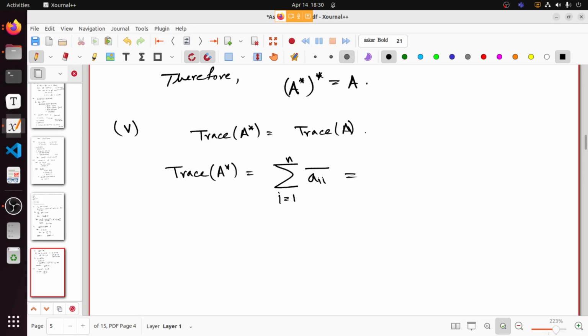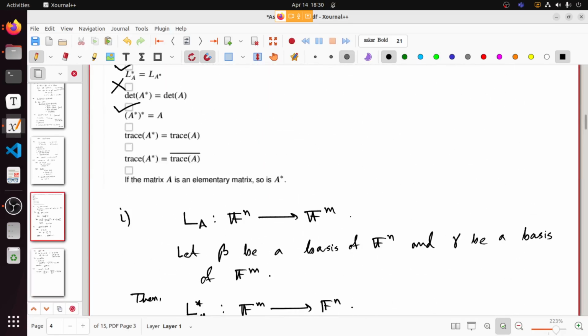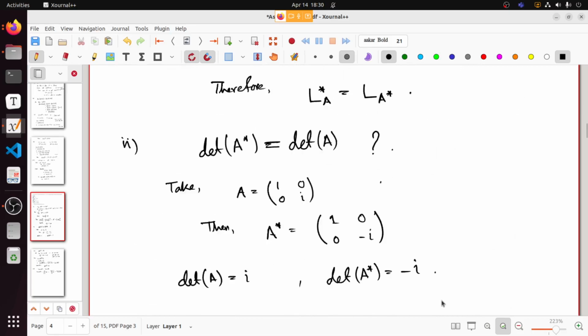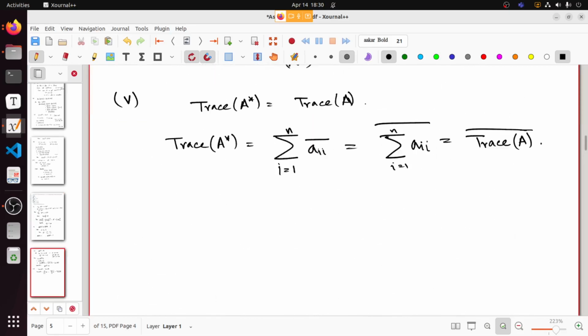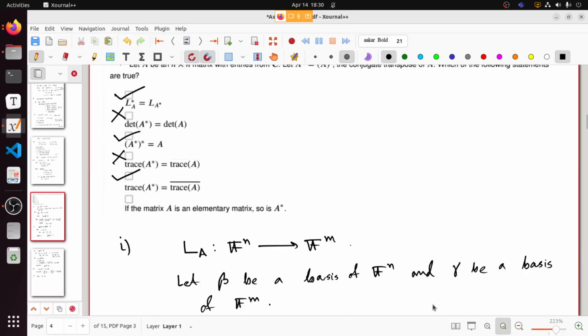So this is the conjugate transpose of the same, right? I equals 1 to n bar, and this is the same as trace of A bar, right? So therefore the fifth one is true, and the fourth one will be false, right? Because of the fifth one. So the fourth one is false.